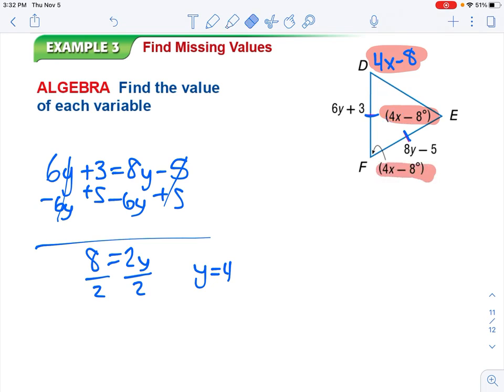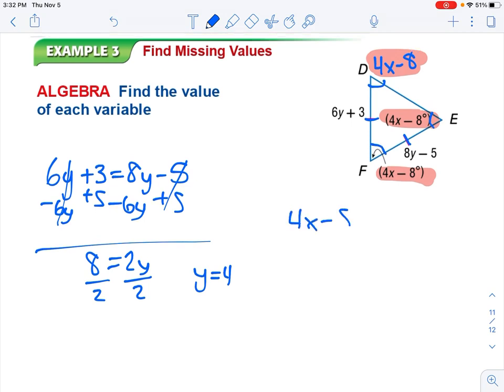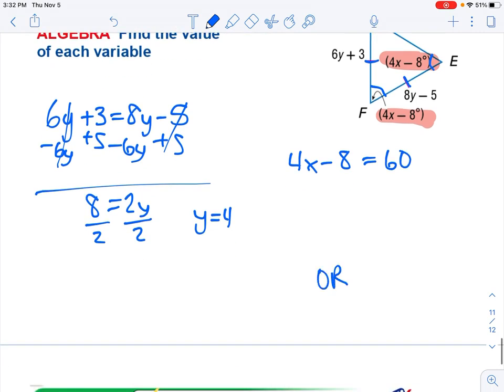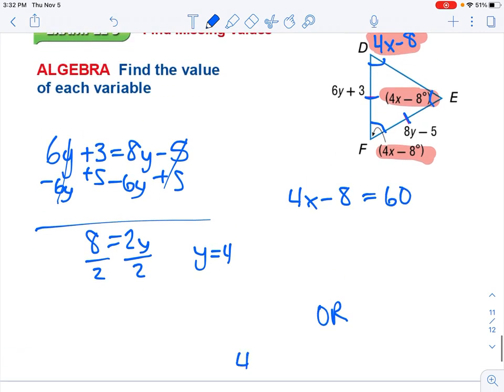Since you know it's equilateral, each of these individual angles has to equal 60. So you can set one of these equal to 60 degrees. Or if you preferred, you could add all 3 angles up and equal them to 180.